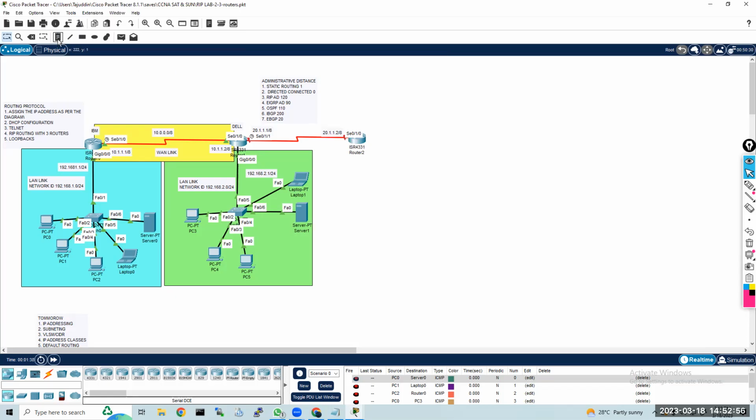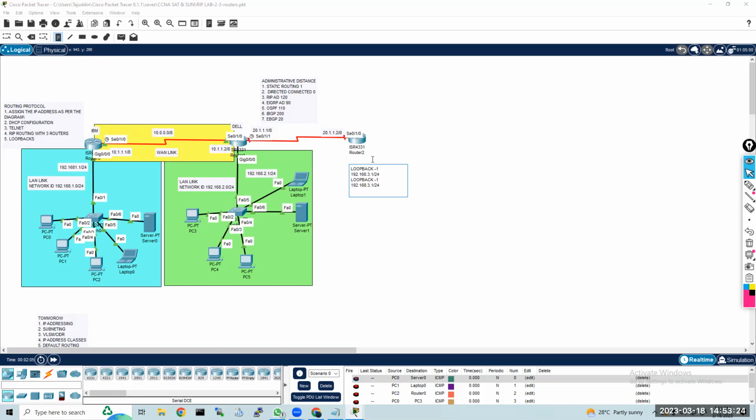Okay, and loopbacks, I will create some loopbacks here. Just write in capital. Loopback 1. Loopback 1 IP address. Let's say I will give 192.168.3.1/24. Okay, so copy and paste.